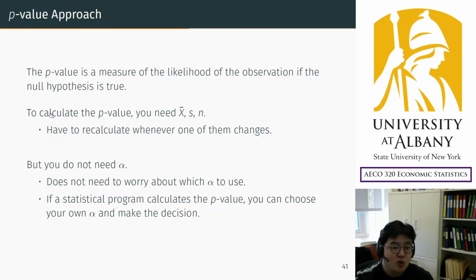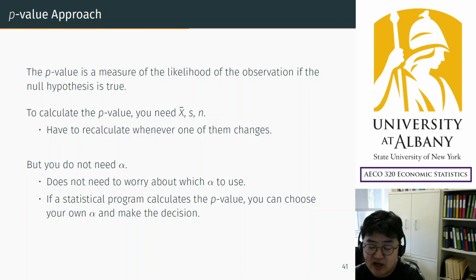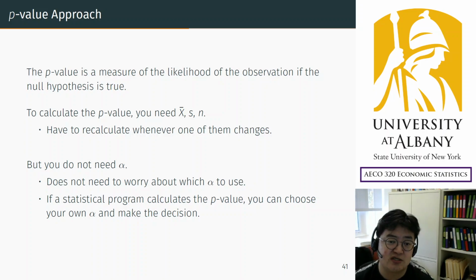Remember, to calculate the p-value, you need x bar, standard deviation, and sample size. That means if you have different data, different realizations, your p-value will change. So even if you use the same rule but apply the same hypothesis testing to another group of data, your p-value will change, and you have to rerun your program.